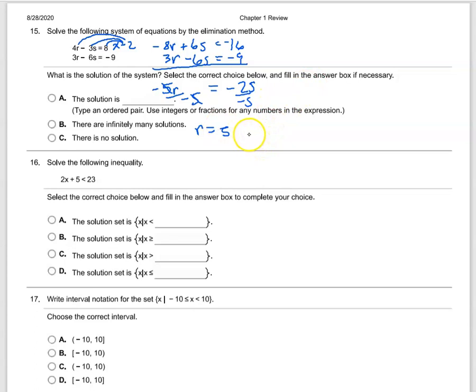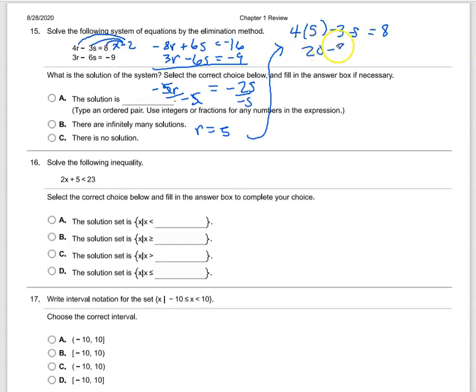Now, to find the other term, I'll want to plug in the r equals 5 into one of these two equations. I'm just going to pick the top one. So 4 instead of r, I'm going to put 5 there, minus 3 times s is equal to 8.